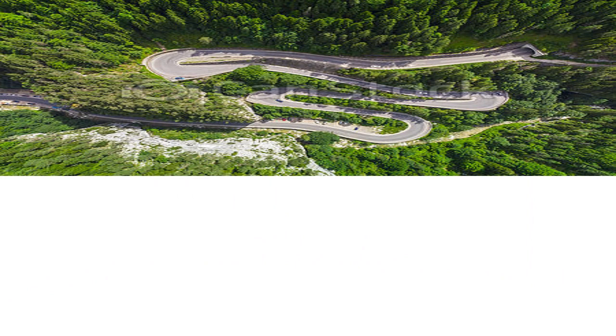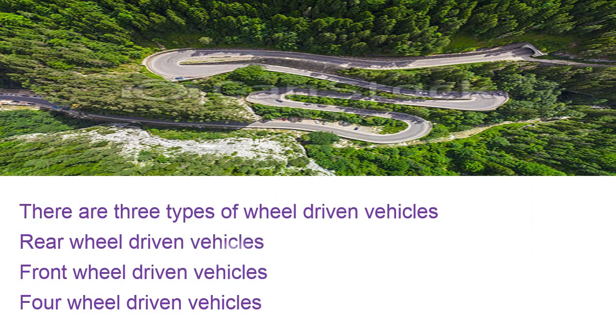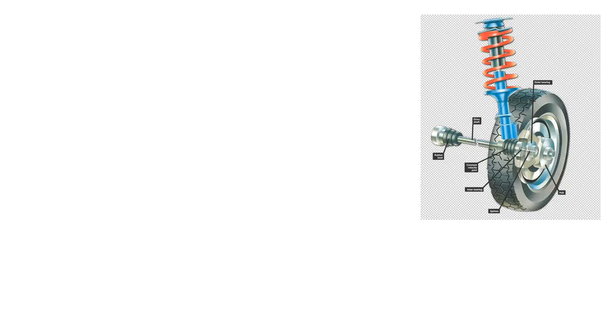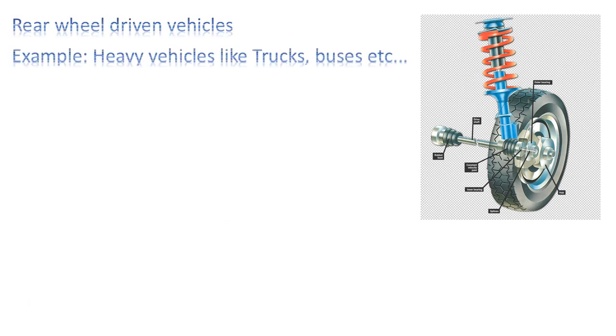There are three types of wheel driven vehicles: rear wheel driven vehicles, front wheel driven vehicles, and four wheel driven vehicles. Rear wheel driven vehicles include heavy vehicles like trucks and buses.